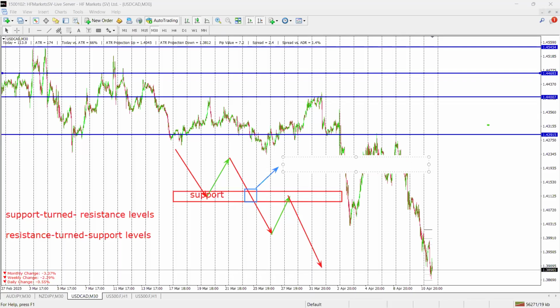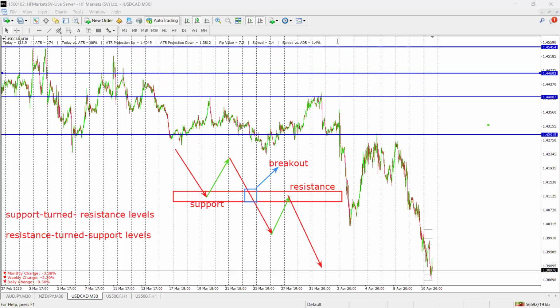We call it breakout. Now, the fact that the market was able to break that particular region, right, means that what we used to know as support has now changed its lifestyle to become a resistance.